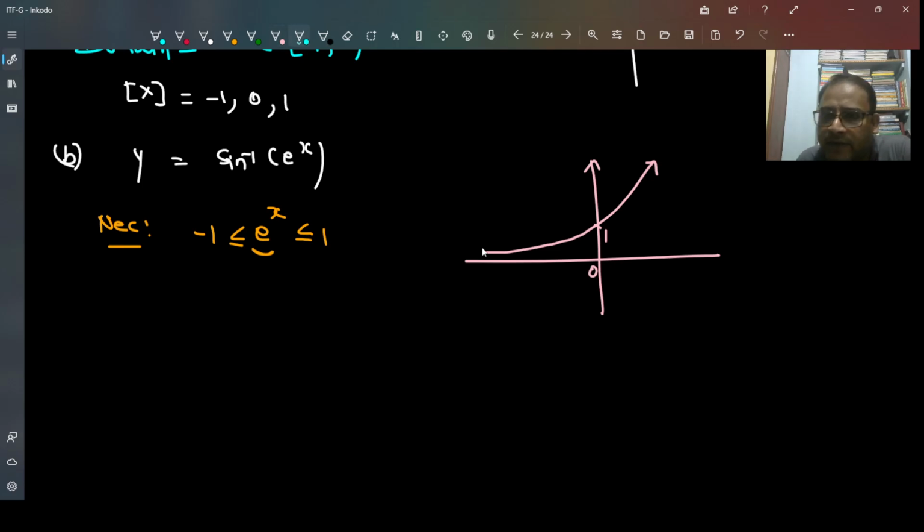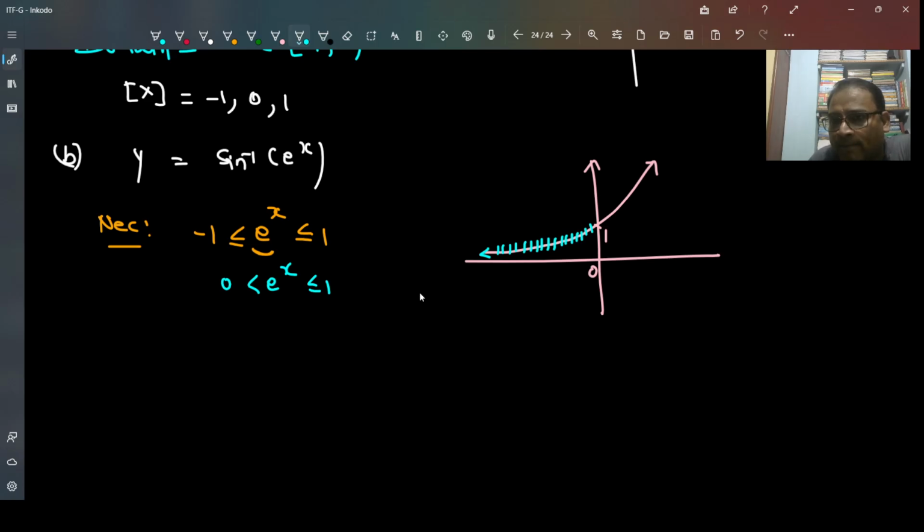We are interested in those values of x where e power x is lesser than 1. So we want e power x less than or equal to 1 and greater than or equal to -1, but it is always more than 0.